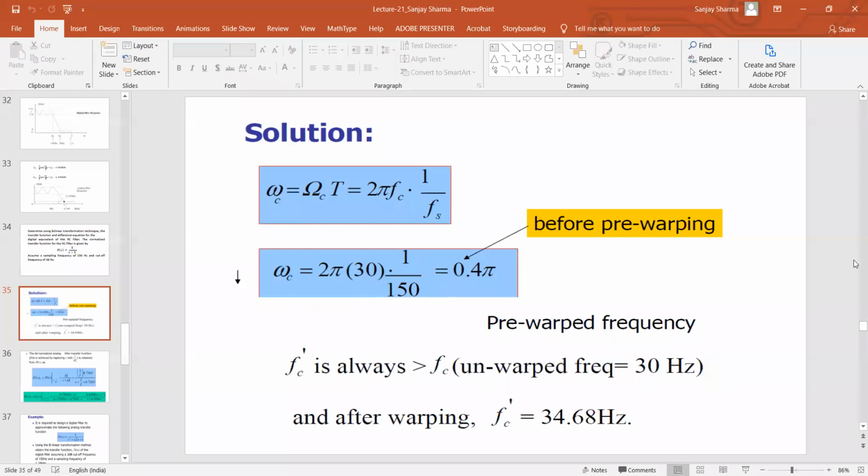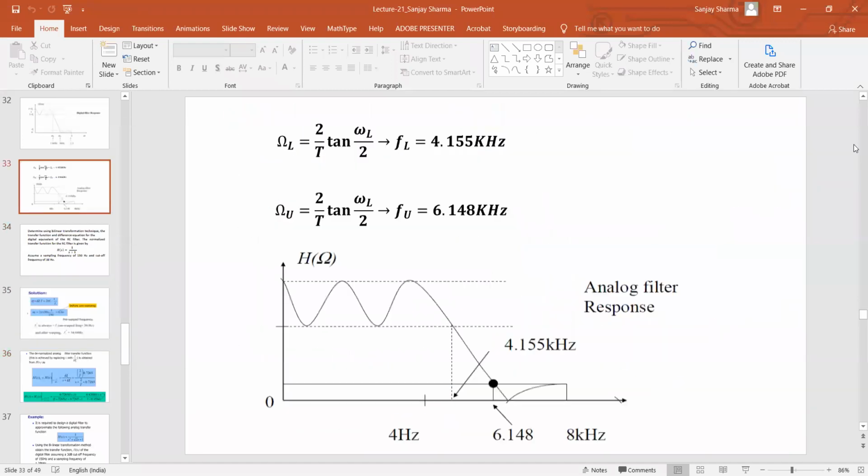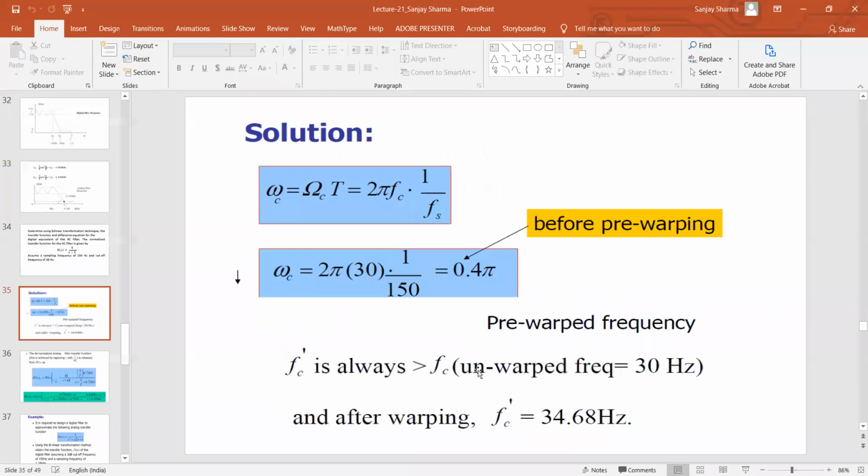How to get that omega c value? Use the same formula, 2 by T tangent of omega by 2. You will get capital omega c, and from capital omega c you can find out fc dash, and it will be 34.68 hertz.